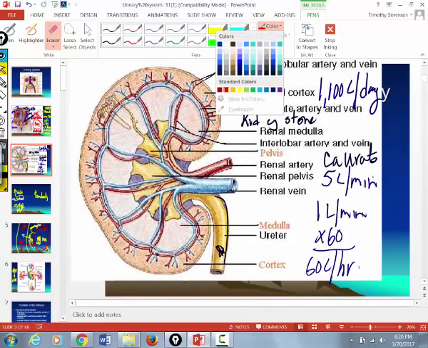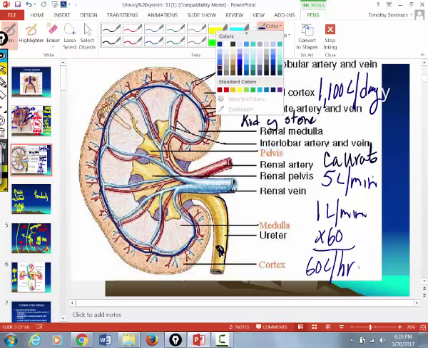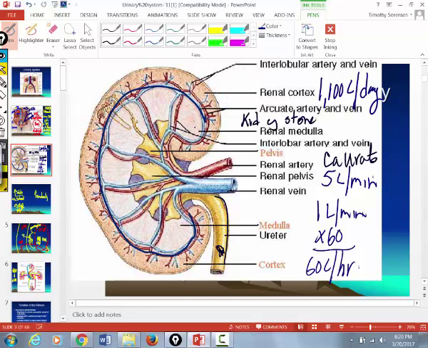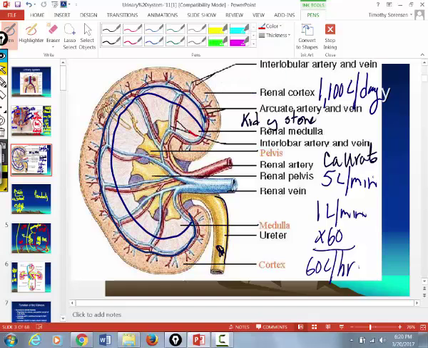Watch. If you were to draw a line of osmolarity from the cortex into the medulla, what happens to the osmolarity as you move deeper and deeper into the medulla of the kidney?